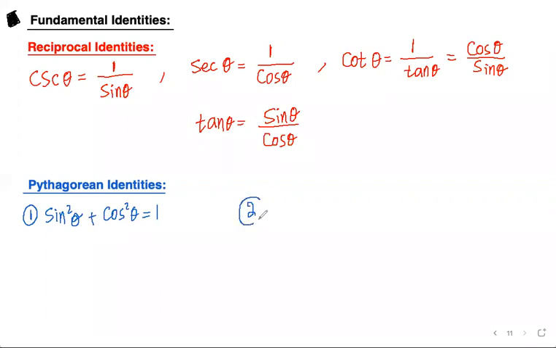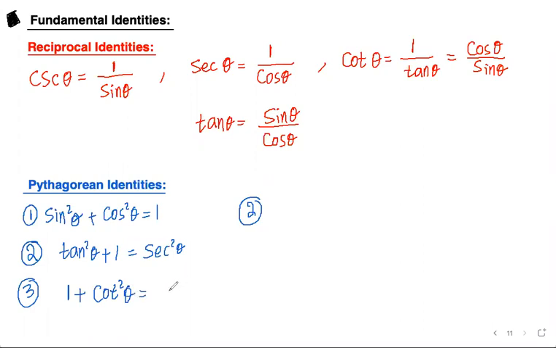Number two, tan squared of theta plus 1 is the same as secant squared of theta. Third one, 1 plus cotangent squared of theta is the same as cosecant squared of theta.